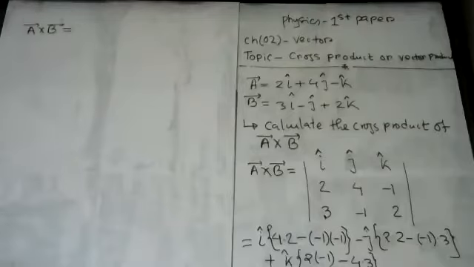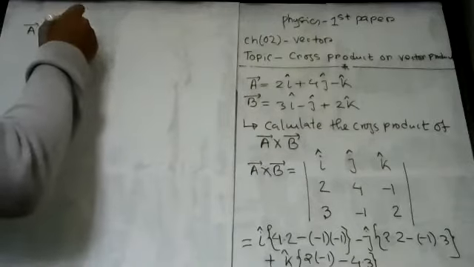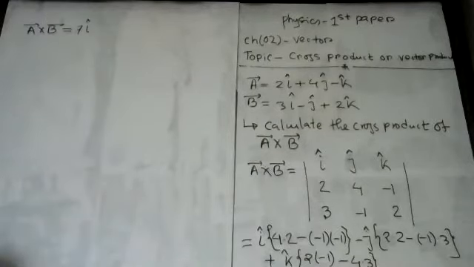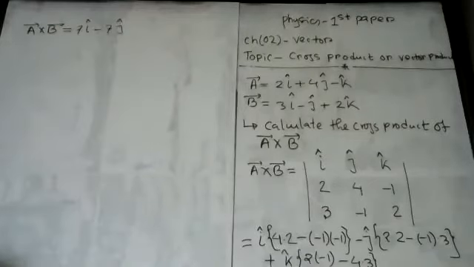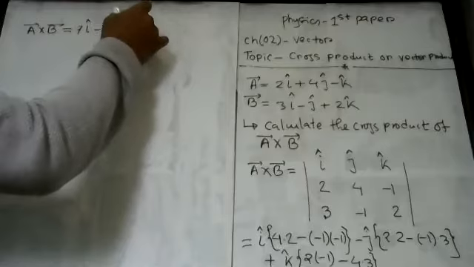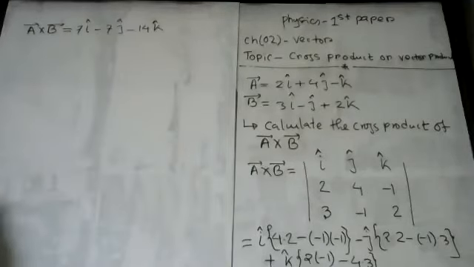Find out the result, student. 7 i hat, minus 7 j hat, minus 14 k hat. Any confusion, any one of you, my student?